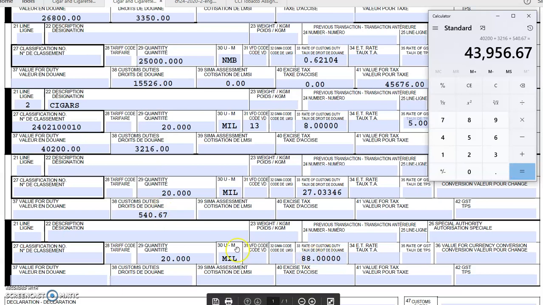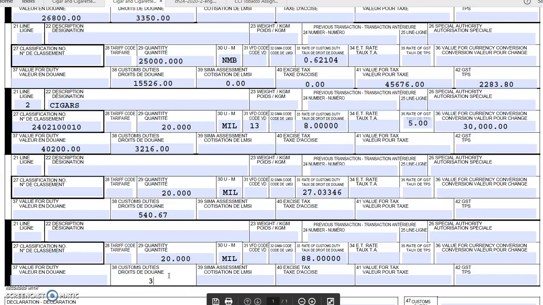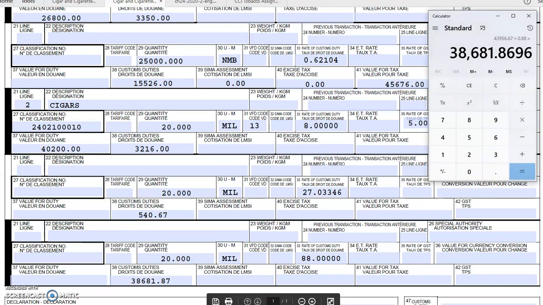And we don't write that down, we just use that number, and we take 88% of it, 0.88, and we got 38,681.87. Just make sure that's right. Yes, it is. That rounds off to 87.